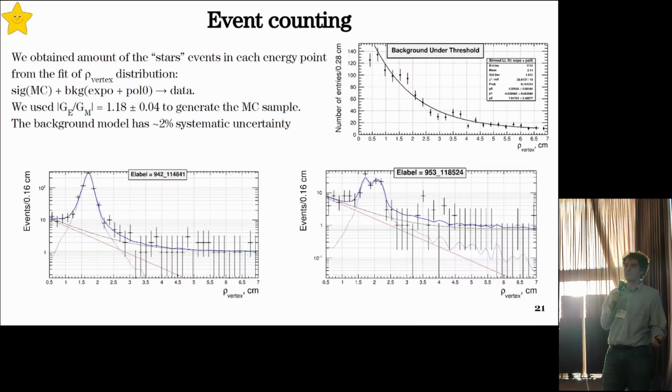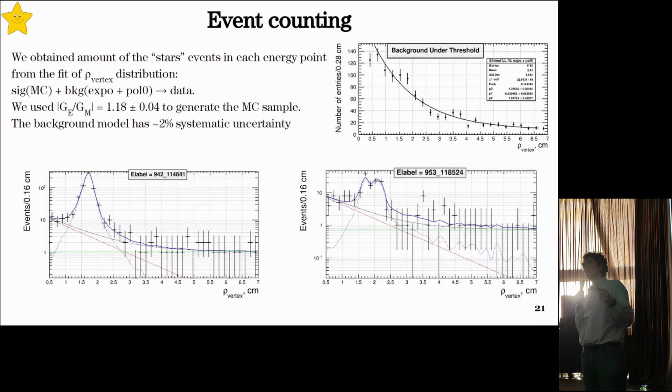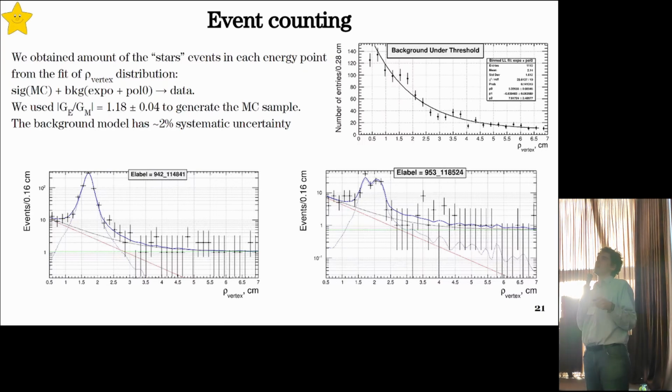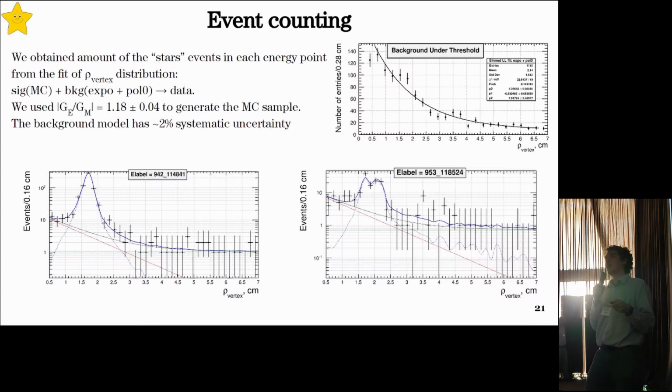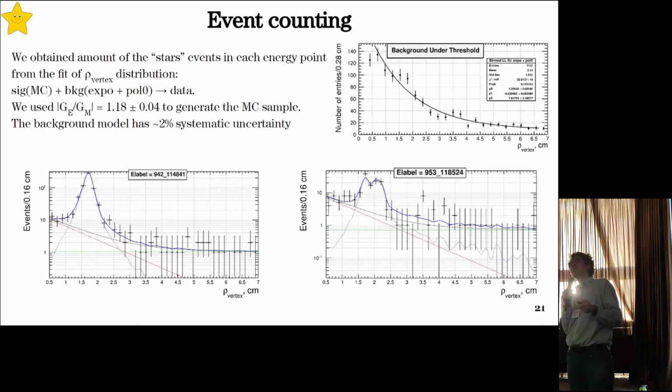After we selected events, we moved to event counting. We see that there is a lot of background. This is distribution of vertex raw coordinates for under threshold energy points. We don't expect to see any signal here, but there are some events that passed.